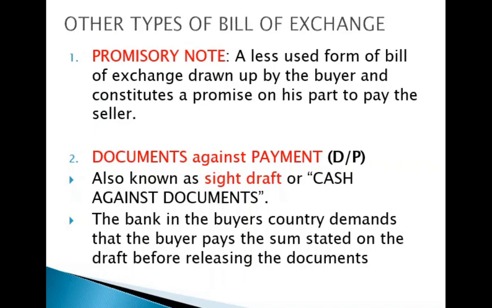The second type is documents against payment, or D/P. It is also known as sight draft, or it may be cash against documents. The bank in the buyer's country demands that the buyer pays the sum stated on the draft before releasing the documents.